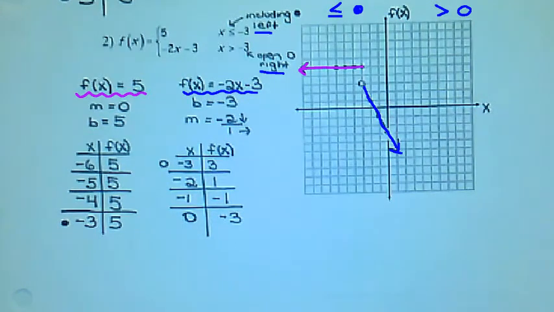And then when x is equal to -3, it takes a little jump. This spot right here is the solution for -3. So at -3, it's 5. But right here, that would be an open circle, so technically it isn't true for that one.